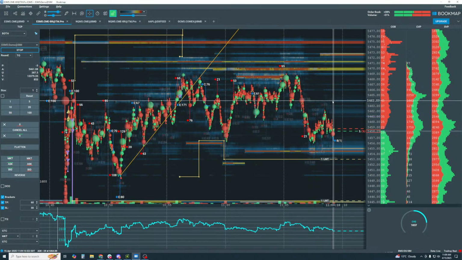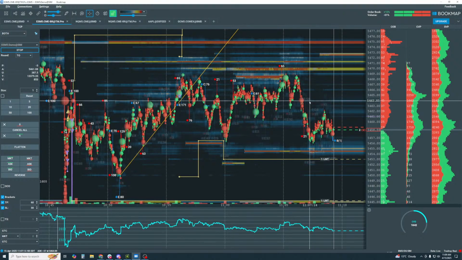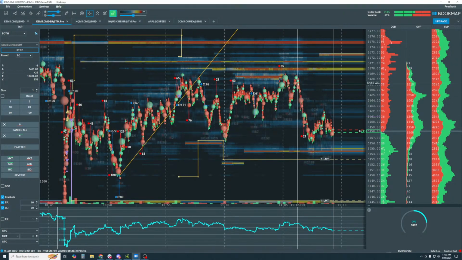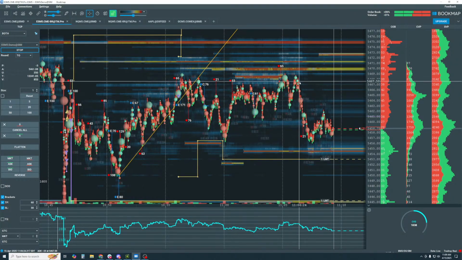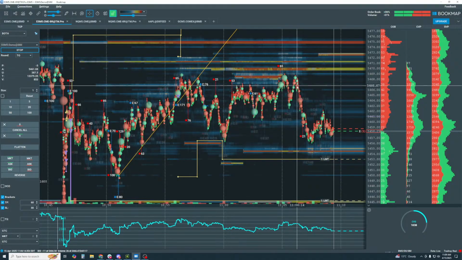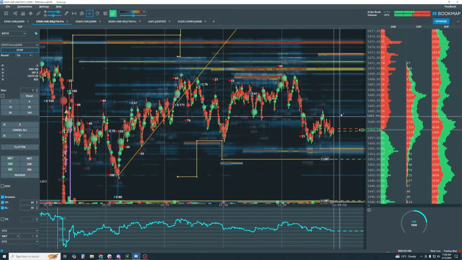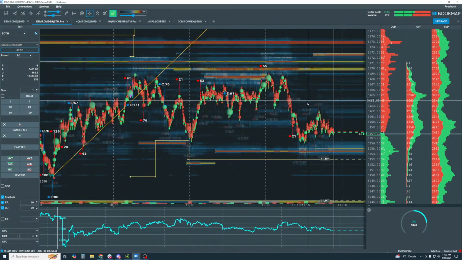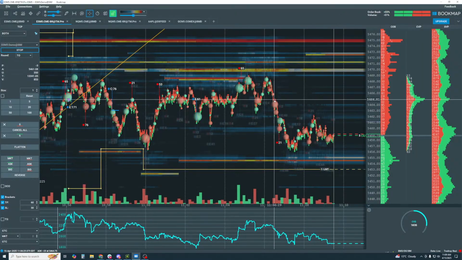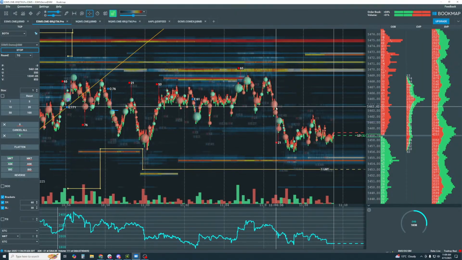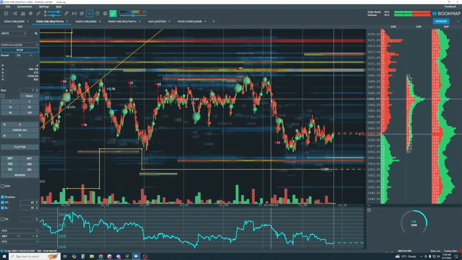We will probably see buyers come back in and move it back up to maybe 64, or even up into this 67 area in here.